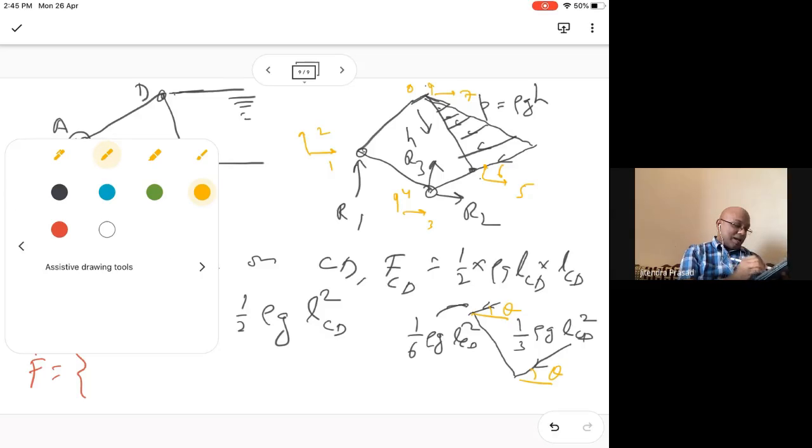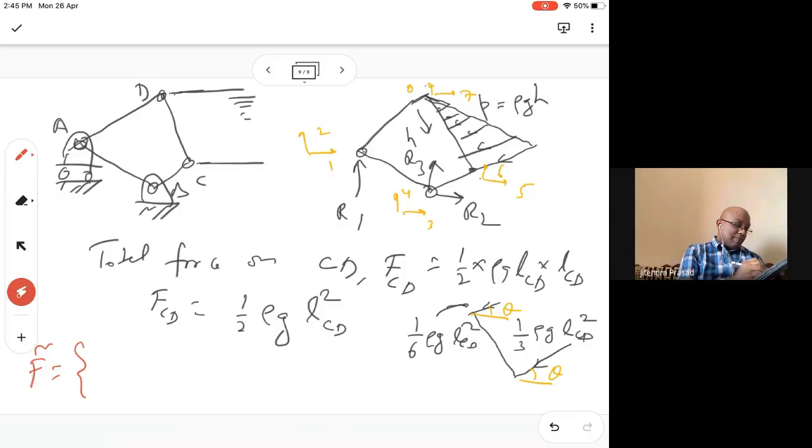Accordingly we can write here the first one is 0, so write 0. Second one is R1, so write R1. We have to find out. Third one R2 and R3, so R2 and R3.